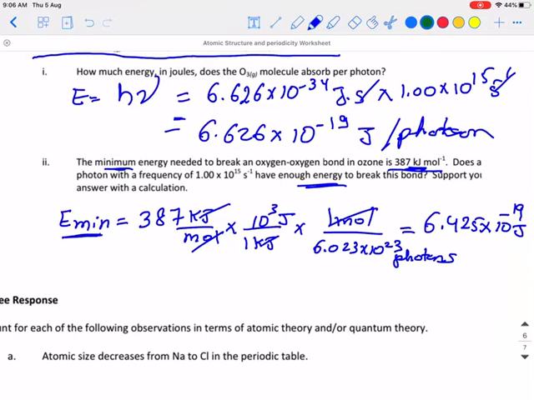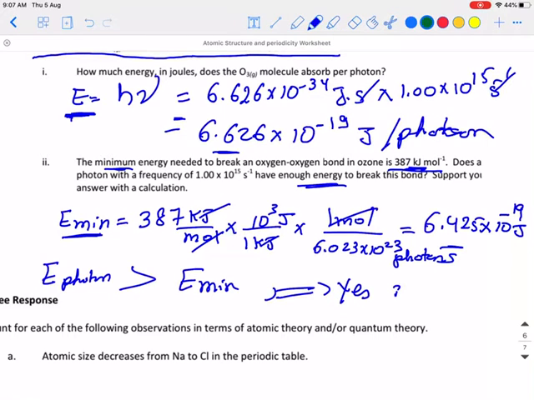Let me compare E minimum to the E absorbed per photon. We see that the E absorbed by the photon is greater than the minimum energy. So the answer is yes, it can.